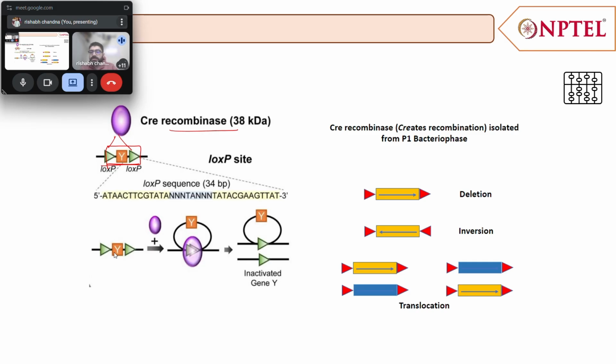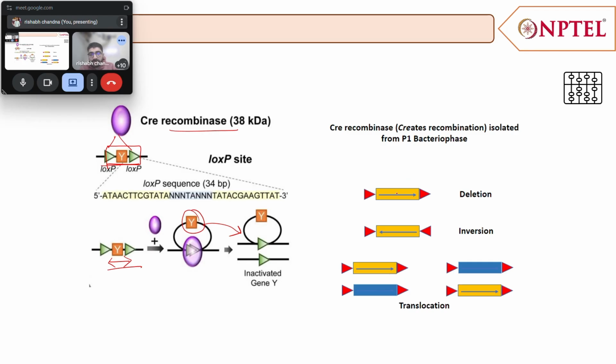So for example, this Y gene is between two LoxP sites, and this Cre recombinase works and takes out this Y gene and removes it from the body. So this Y gene is actually inactivated. Okay. Now the positioning of these LoxP sites helps in producing a deletion, inversion, or a translocation.